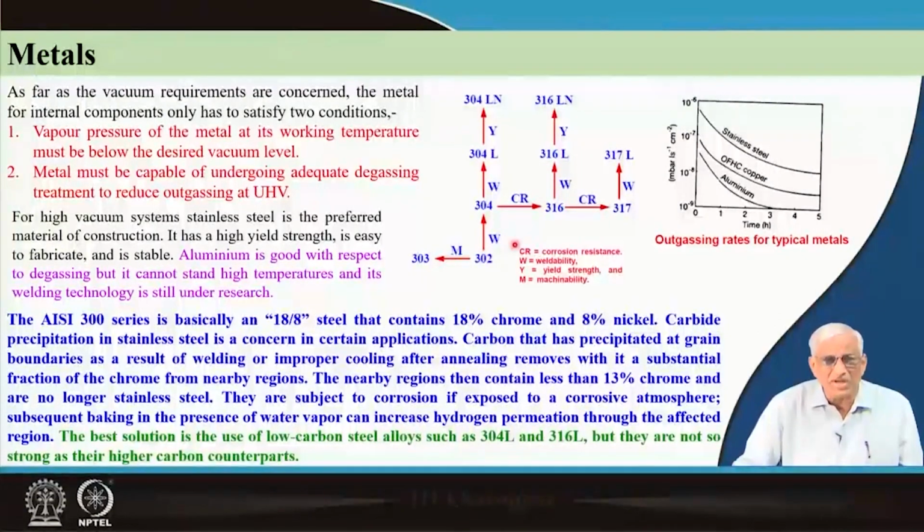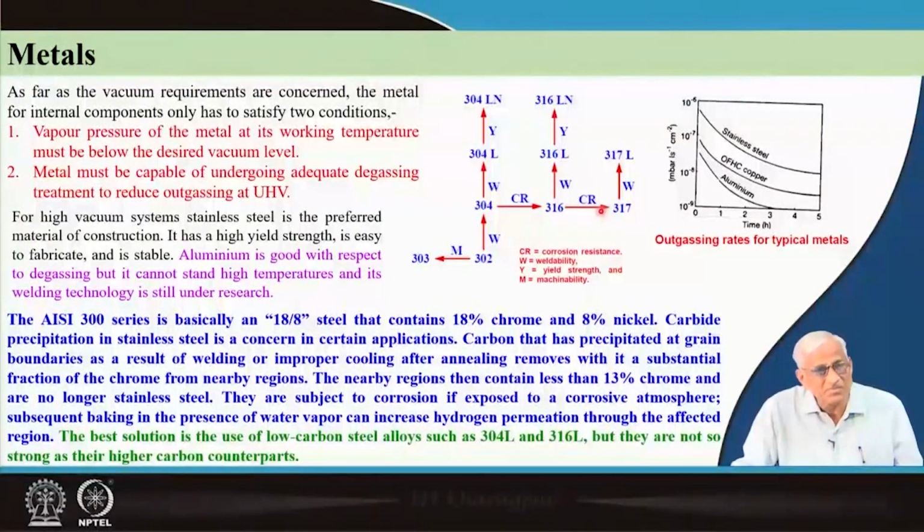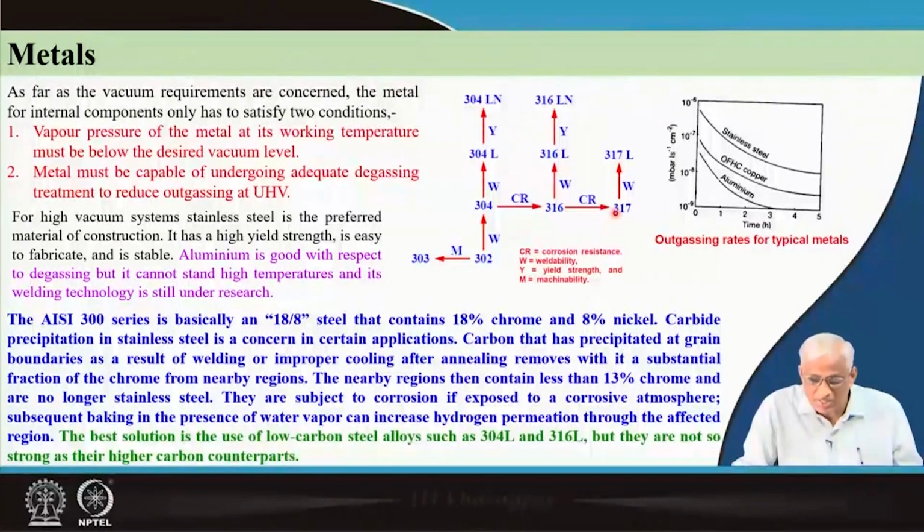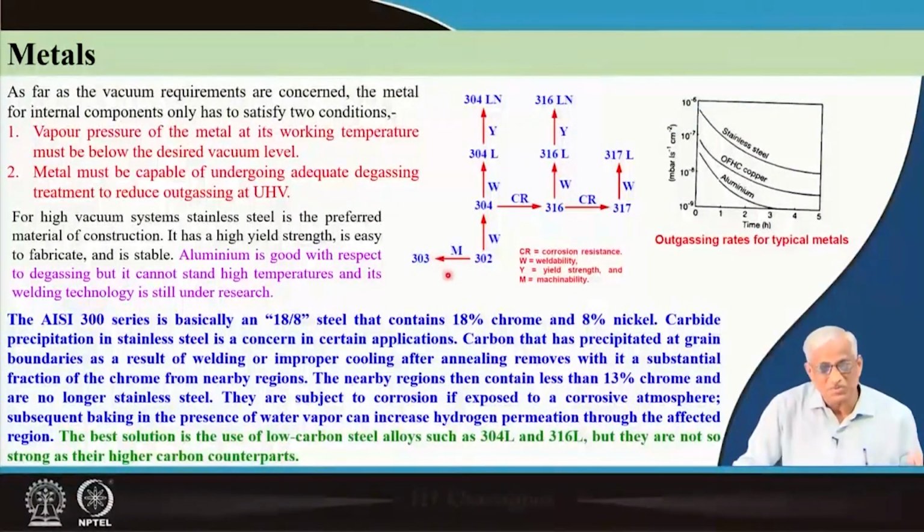So, if you do not require very high corrosion resistance, after all you are just at a 10 power minus 2 torr application for some wastewater cleaning, splashing or some normal applications, then you do not have to go to this right side top corner. This is the costliest material, because corrosion resistance is also good, reasonable weldability, and yield strength keeps on increasing. So, first you have to see machinability, then weldability, then yield strength, then corrosion resistance.